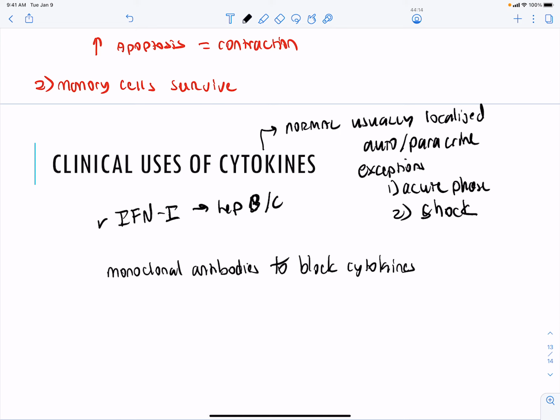And there are cases in the book that clearly show this. But basically, you can have, for example, anti-TNF alpha antibodies for rheumatoid arthritis.